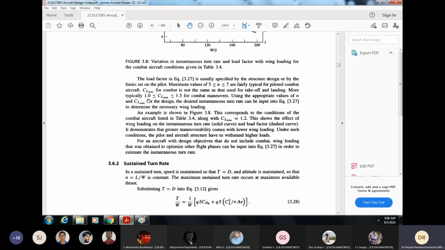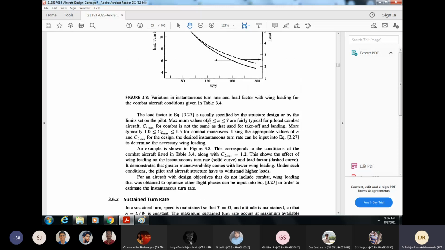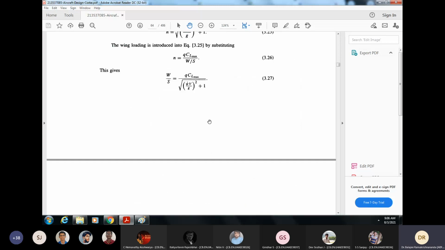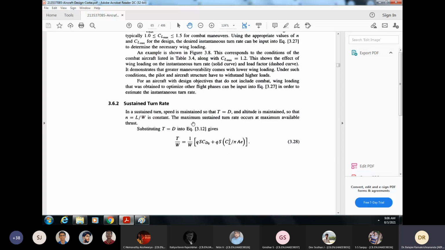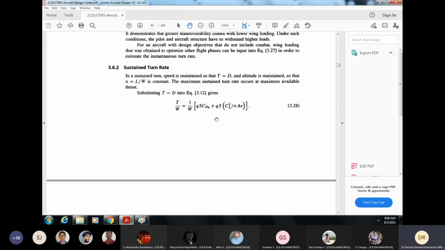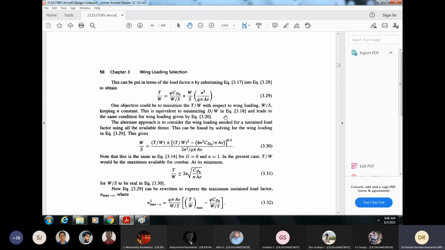So typically, CL max is between 1 and 1.5 for combat. Now, instead of going through this, what I want you to do is just plot this sustained turn rate graph. That's good enough, because you just need to have an understanding of what's happening. Don't get lost too much in these nitty-gritty details. When you specialize in design, you can go through all this.